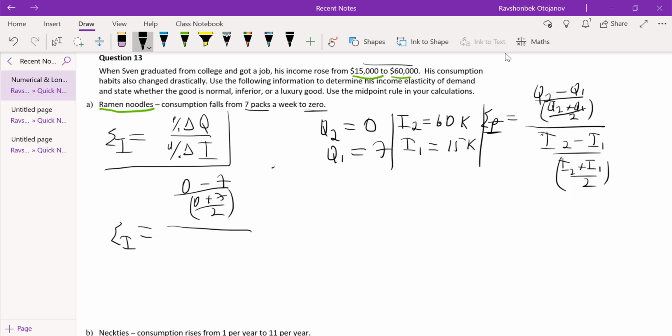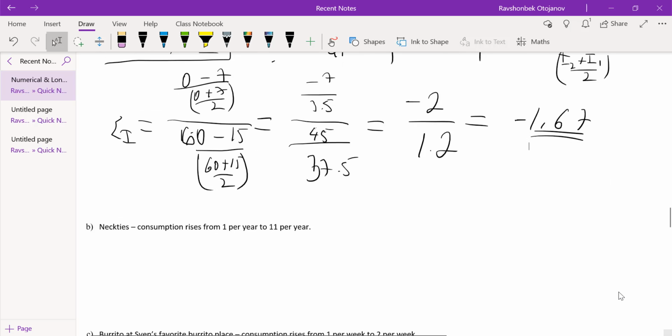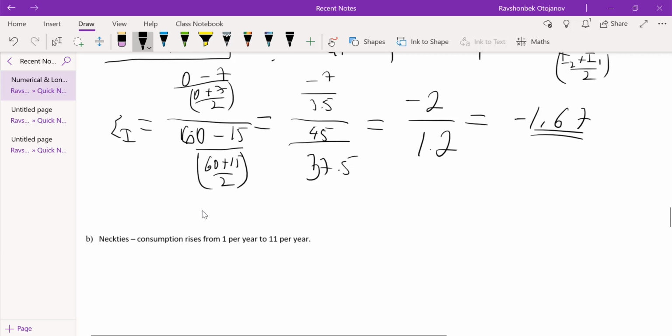Income is now 60, so 60 minus 15 over (60 plus 15) over 2. So I need a calculator here. Income elasticity in this case is negative, which certainly means that the noodles are inferior goods.